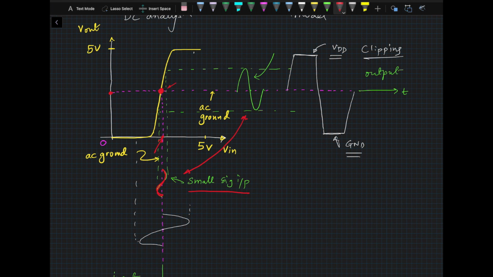Okay, now how do we do this part, this blue portion? Since there is a lot of distortion and nonlinearity over here in the transfer characteristics, it's very hard to do a hand analysis. So in that case, we have to do something called transient analysis.